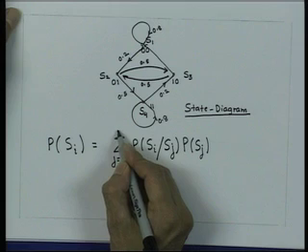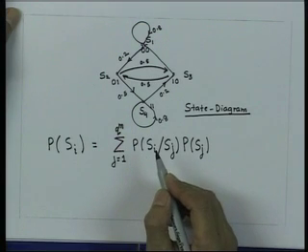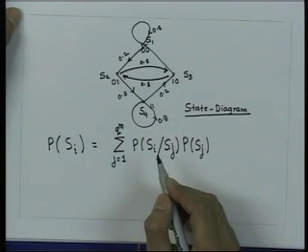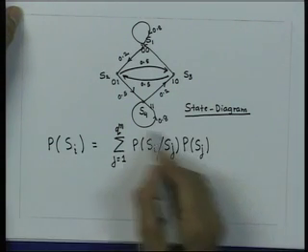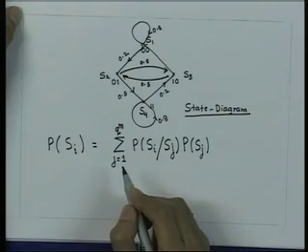In general, it would be q raised to m, where q is the size of the source alphabet and m is the order of the Markov process. So, using this expression, I can find out the probability of states.